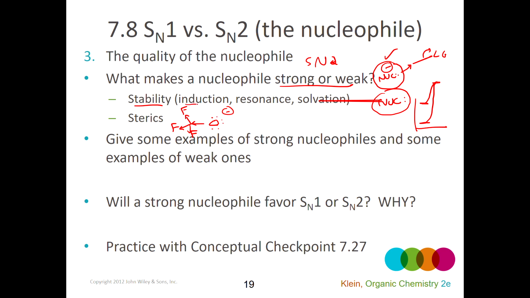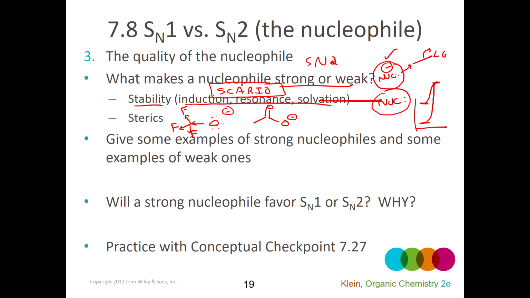So the factors that affect the stability of negative charge that we've already talked about are the same factors here. If the negative charge is stabilized by induction, or if it's stabilized through resonance, it's not going to be as concentrated on one area, it's not going to be as unstable or reactive, and so it's not as likely to start the ball rolling by attacking as the leaving group's leaving. It's less likely to do an SN2.